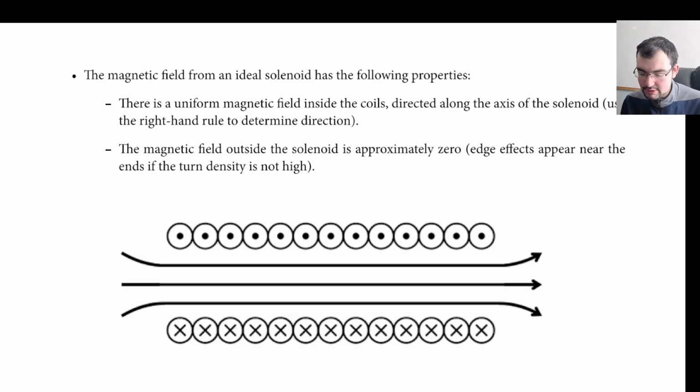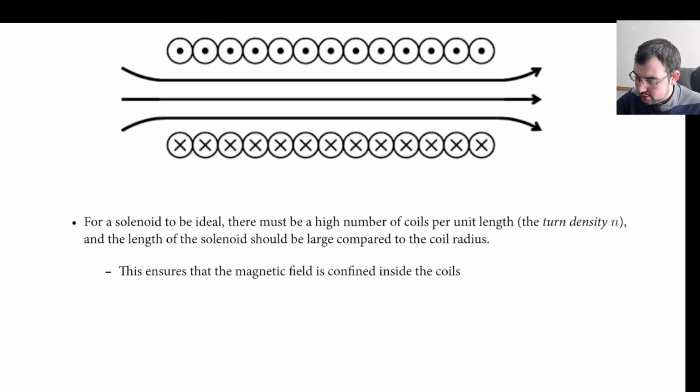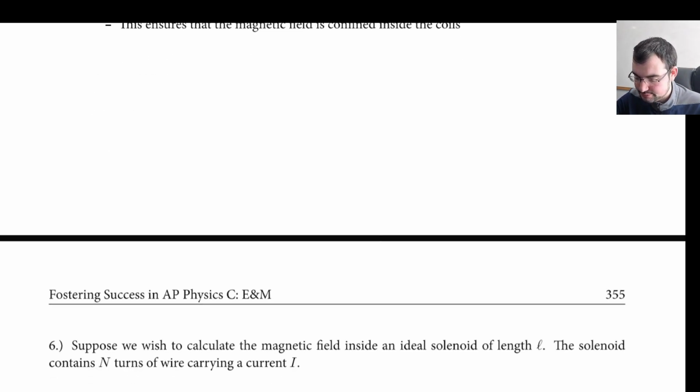So we say the field is uniform inside and 0 outside. And you might get some edge effects if you don't have a lot of turns per unit length. So if you do, this value is called lowercase n, the turns per unit length. That's how we confine or trap these B fields.